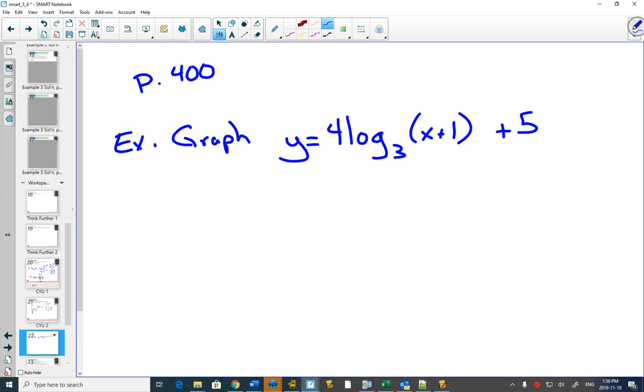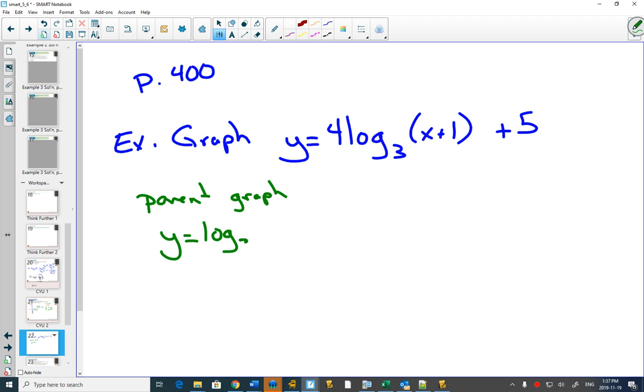But what you have to be able to recognize when you see this equation, just like you had to recognize in all the other equations that we graphed, is what's our parent graph? What's the base graph that we're starting from? So here, off to the side, I'm going to just write my parent graph is a log graph. What's the base of this log graph?